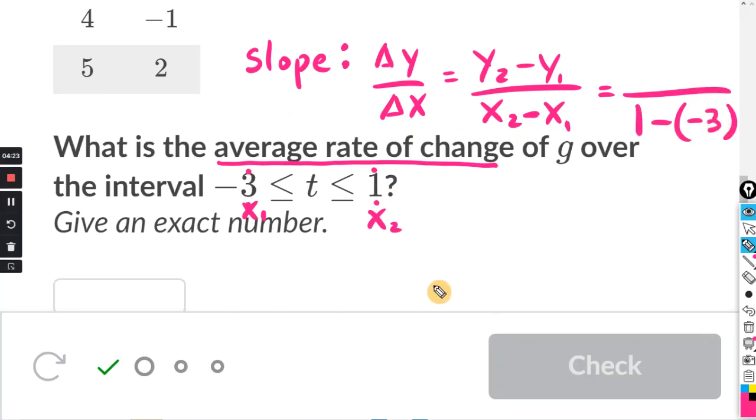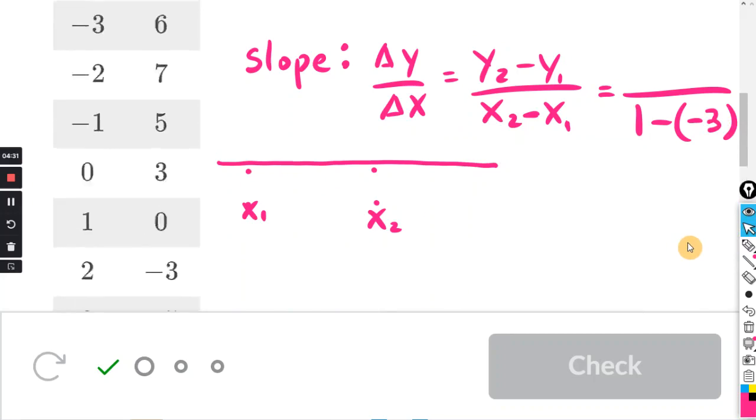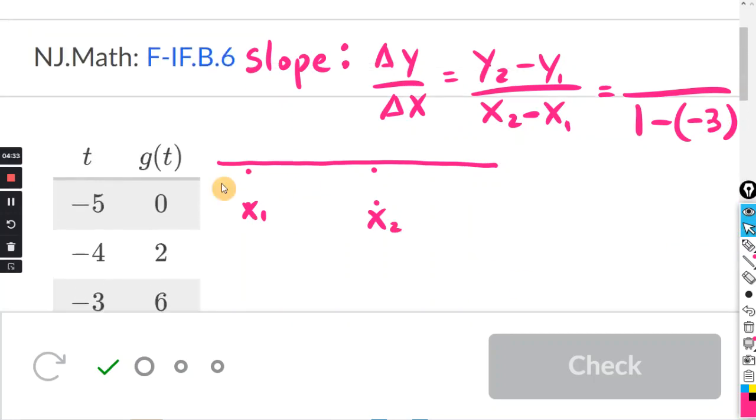And now for the Y values, we simply have to look at the table. This function is called G. So we're finding G at T equals 1, and you write that as G of 1 minus the other Y value at negative 3, so G of negative 3.